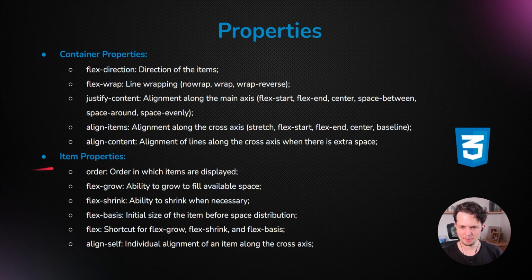And in the item properties, we have order, which changes a specific element's order. We can change how elements grow or shrink with these two properties. We also have flex basis that will define a minimum size of an element. We have this shortcut property that is the flex.